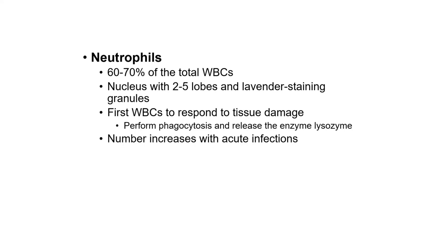And this is how you can differentiate in a blood smear which cell is which, because they each look different within the stain. So the neutrophil would have 3 to 5 lobes, and that would be your clue that you were looking at a neutrophil.